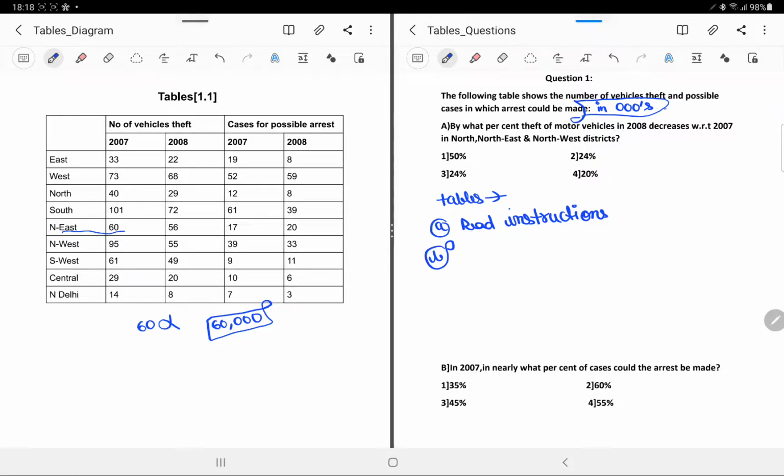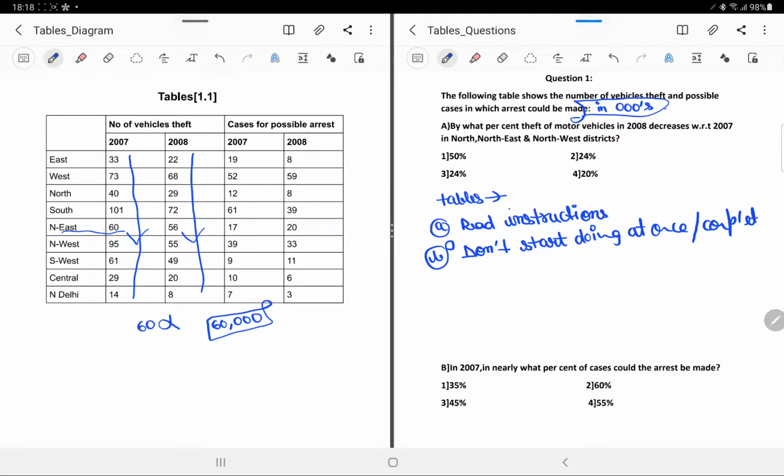The second general instruction is that if you get a problem, don't just go straight and try to solve it out. Don't start solving it all at once. For example, if I'm given some table, I should not sum up the number of vehicles stolen in 2007 and the number of vehicles stolen in 2008.